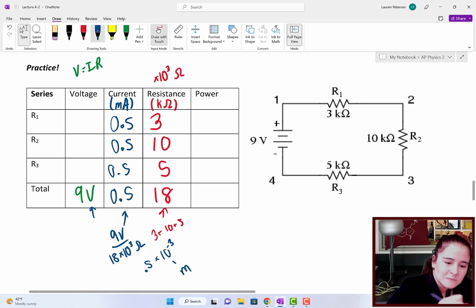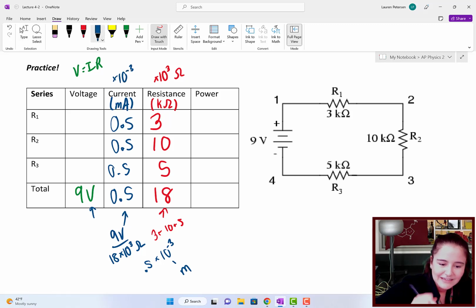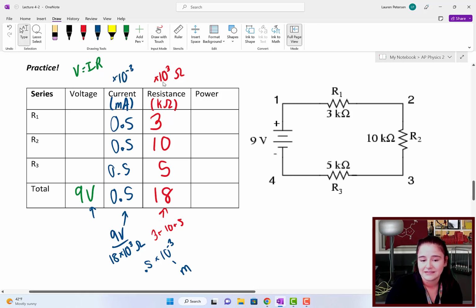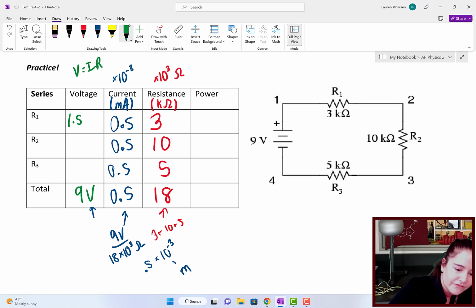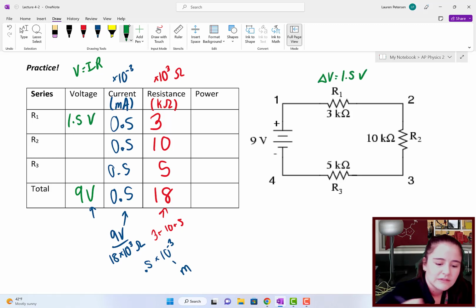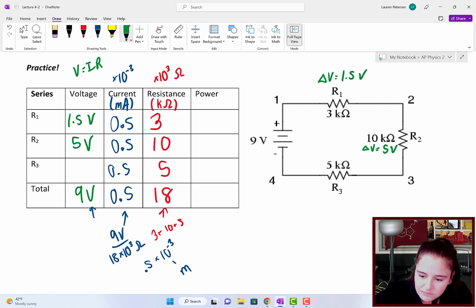The times 10 to the minus 3 from the milli and times 10 to the positive 3 from the kilo will cancel out when we multiply them. Negative 3 plus 3 is 0. So we can just multiply them directly, which means that we'll have 1.5 volts across R1, and 5 volts across R2, and 0.5 times 5, 2.5 volts across R3.